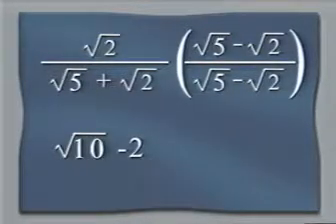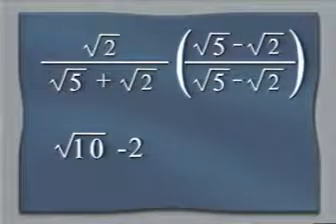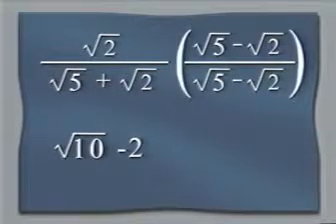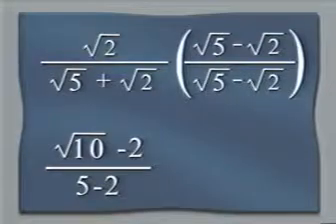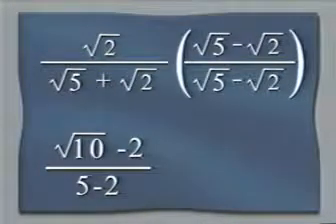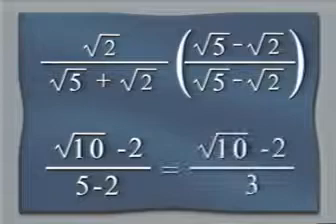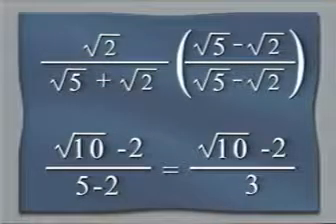But the denominator, because we're multiplying a number by its conjugate, we wind up with a rational number. We already saw that the square root of 5 plus the square root of 2 multiplied by its conjugate gives us a rational number. It gives us 3. So our answer to what is the square root of 2 divided by the square root of 5 plus the square root of 2 is the square root of 10 minus 2 all over 3.